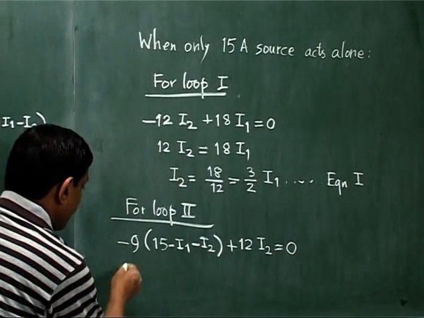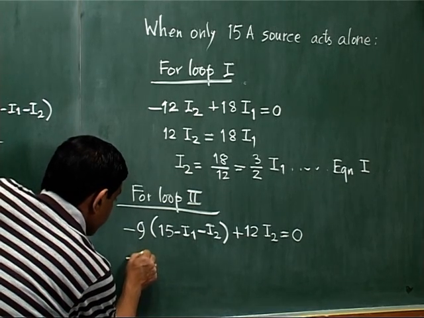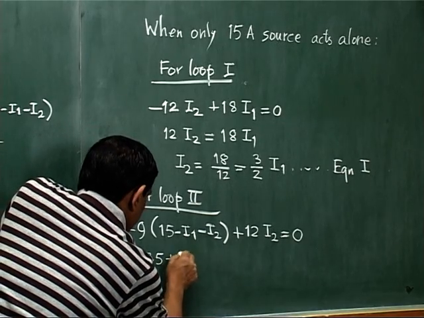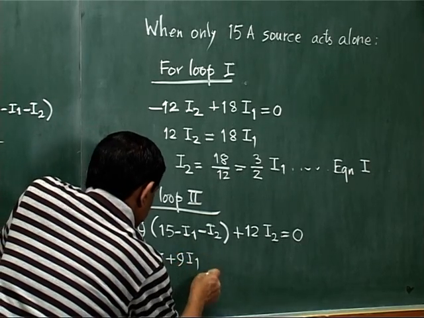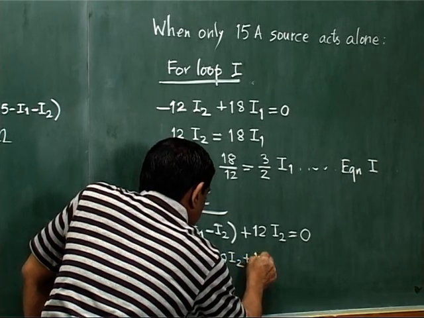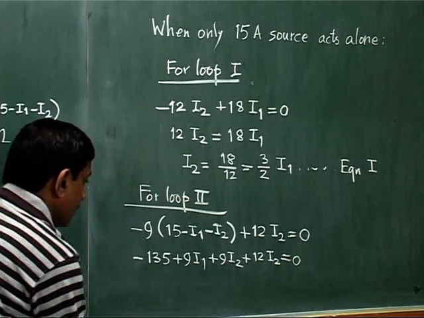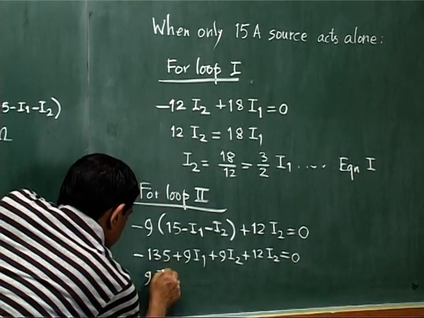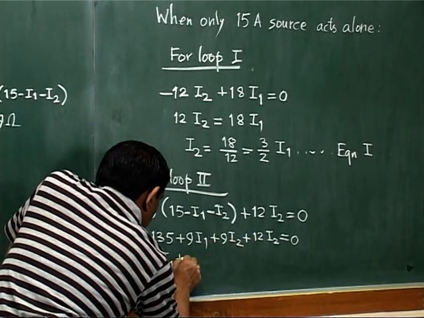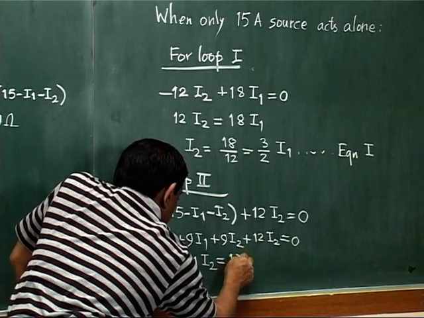Let us simplify. It will be minus 135, then plus 9 I1, plus 9 I2, plus 12 I2, equal to 0. So 9 I1, then 9 I2 and 12 I2, so plus 21 I2, and this 135 we take to the other side.